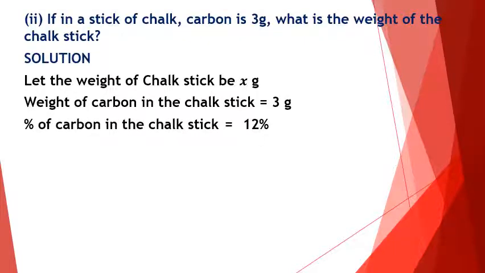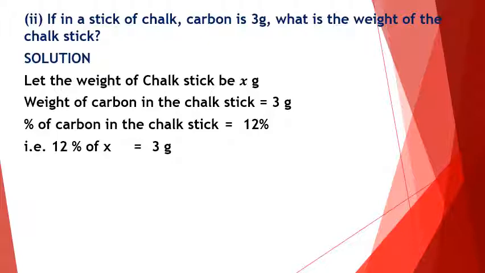In the first part of the question we found the percentage of carbon in the chalk stick is 12 percent, and the weight of carbon in the chalk stick is 3 gram. So we can write 12 percent of x equals 3 gram. That means 12 percent of the chalk stick equals 3 gram of carbon.